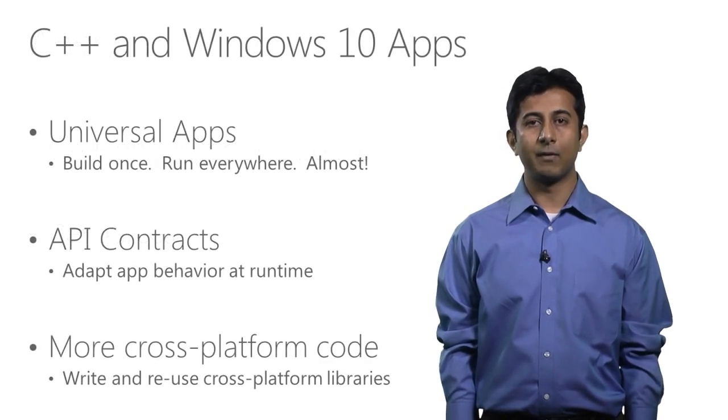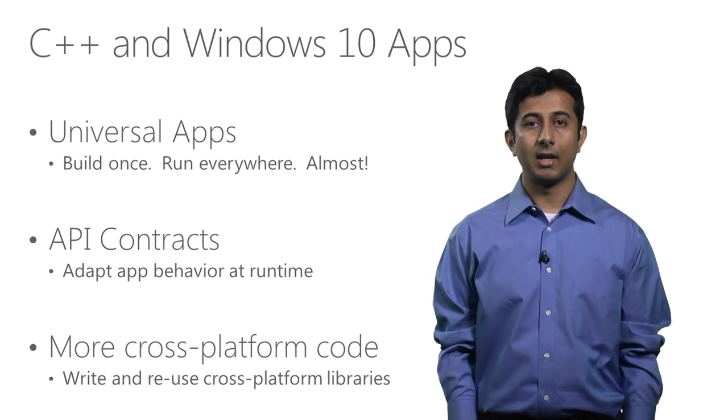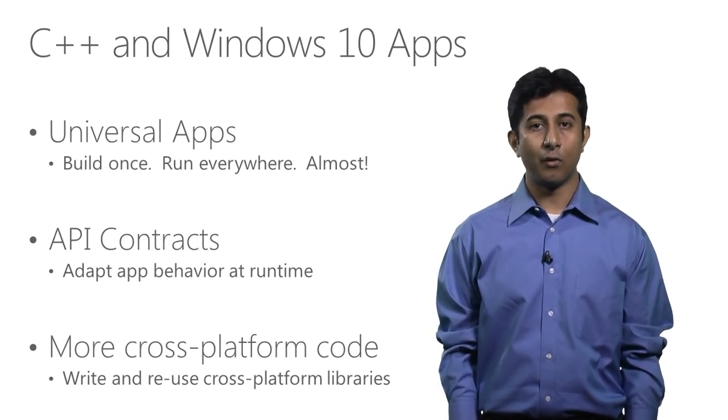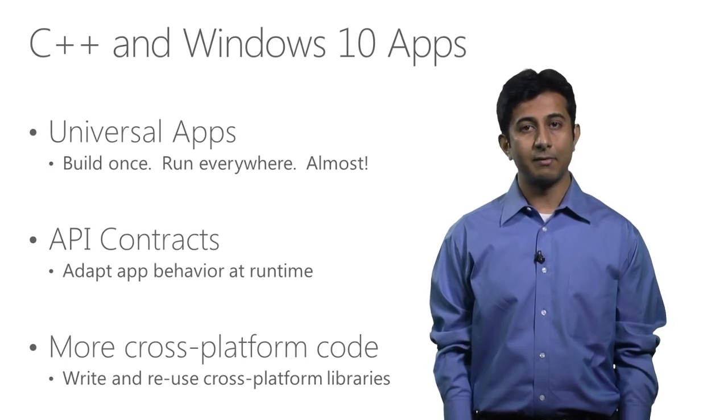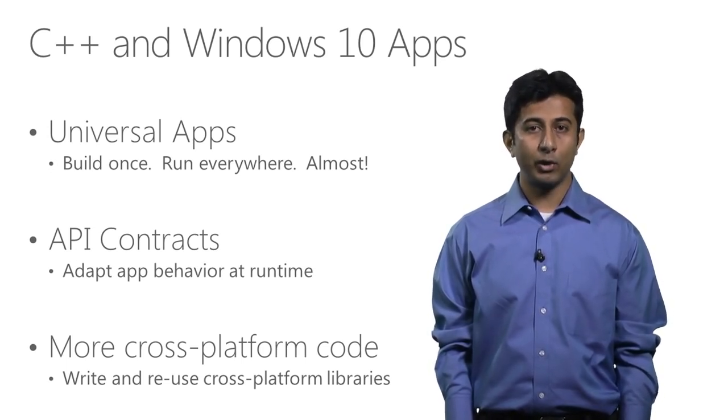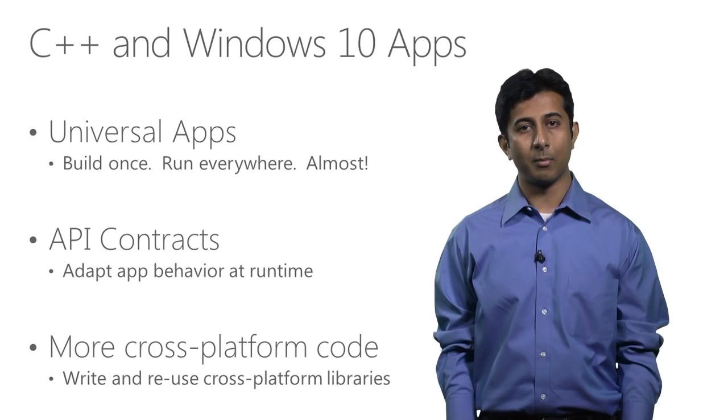Now, one very important thing Windows 10 enables for developers is this concept of universal apps, which means building your apps once and running them on multiple devices, like desktops, tablets, phones, Xbox, and even beyond that. This concept existed even for Windows 8.1 and Windows Phone 8.1 apps, but in a slightly different form.